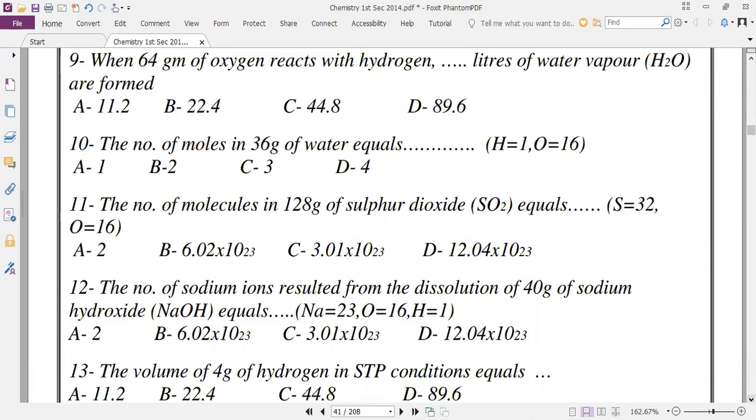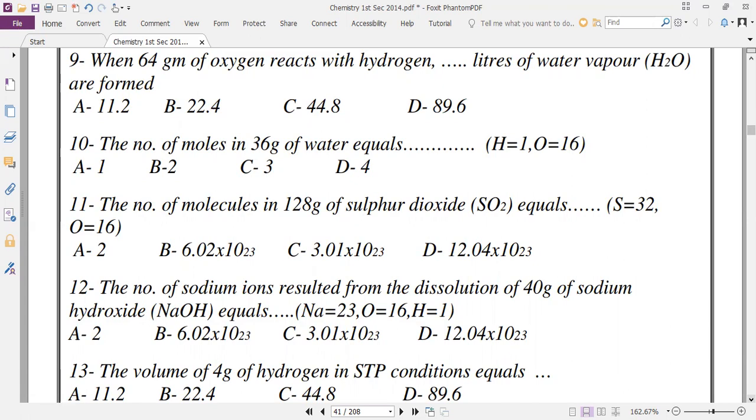Number 9 is 89.6 liters. Okay, do you understand it? Yes, I will get the molar mass of oxygen, then the number of moles, then the volume of the water vapor at STP.